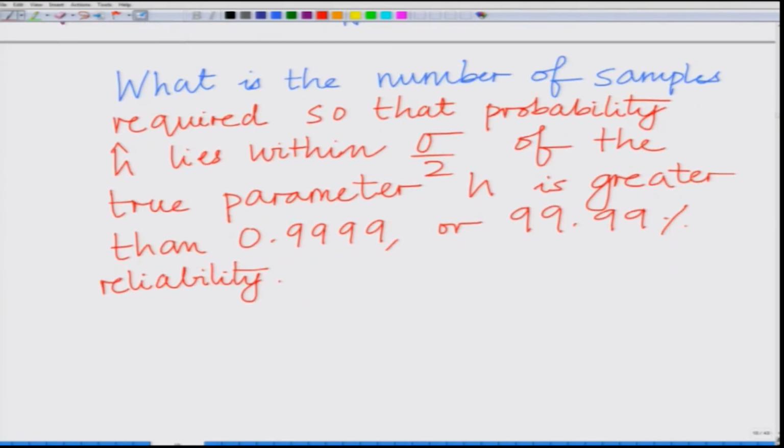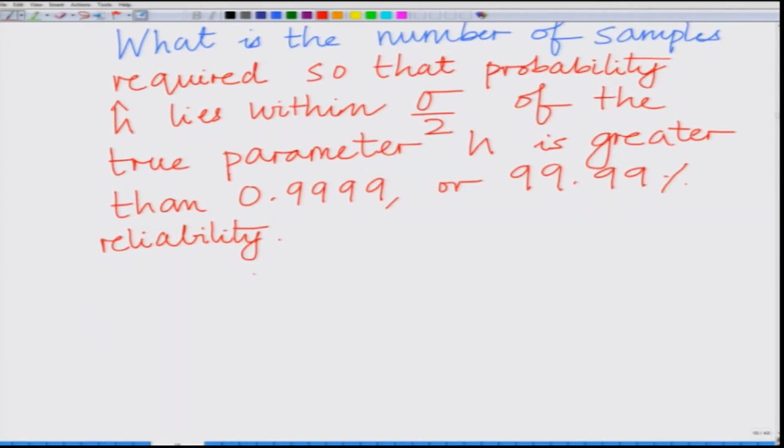So, we are asking this question, what is the number of samples n?